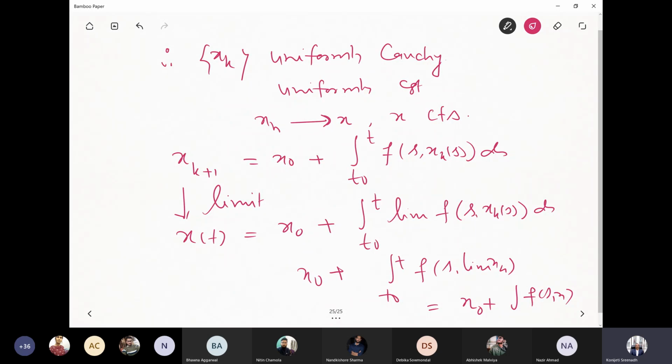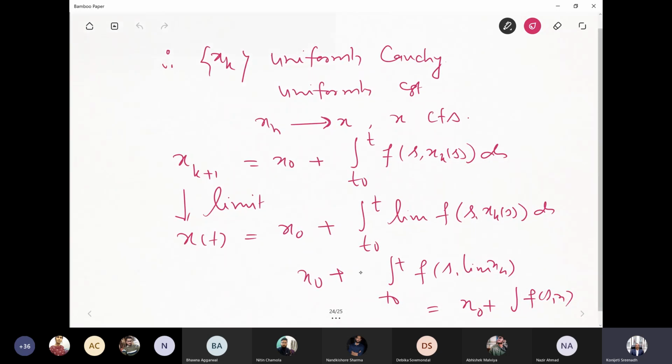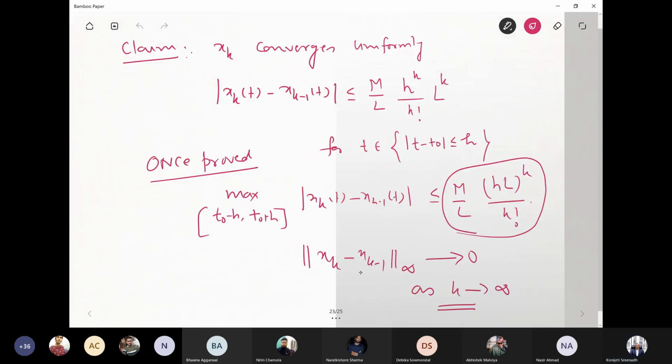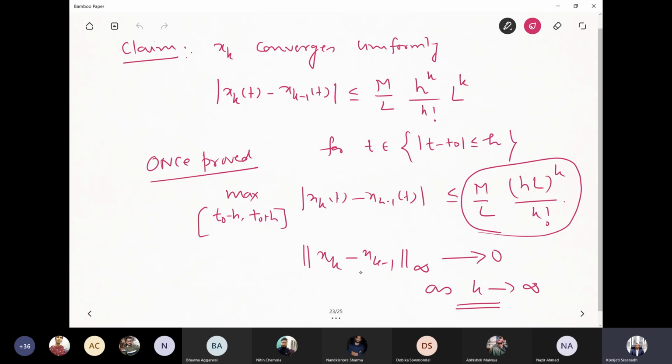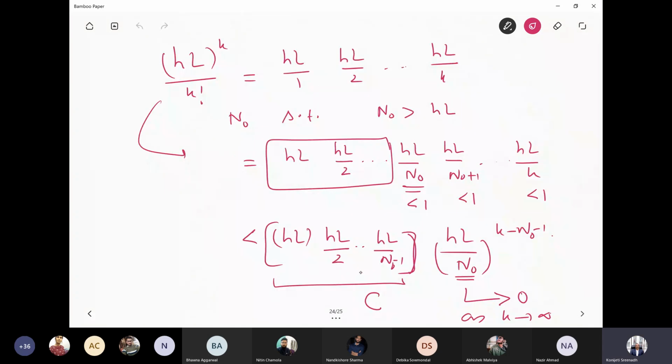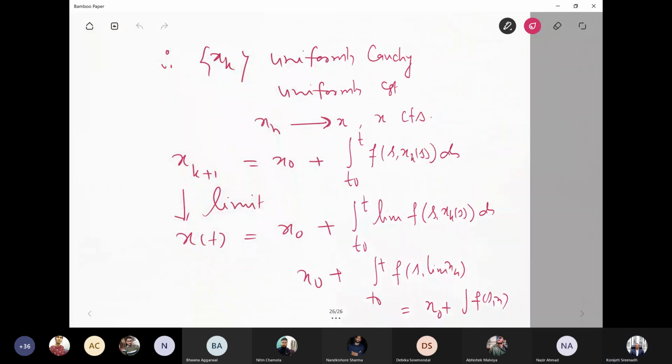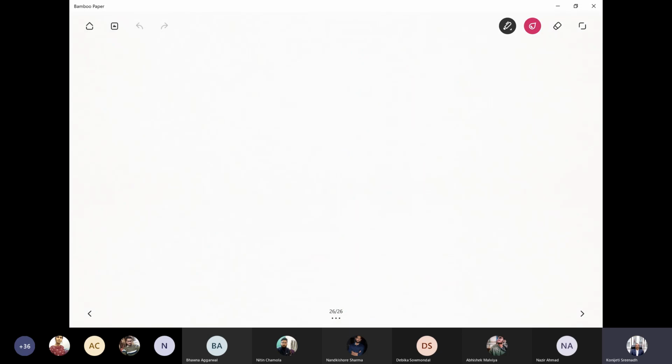So what remains to prove now is this estimate. So let us look at this estimate. We'll prove this by induction. So look at what is x1 minus x0. So x1 of t minus x0.